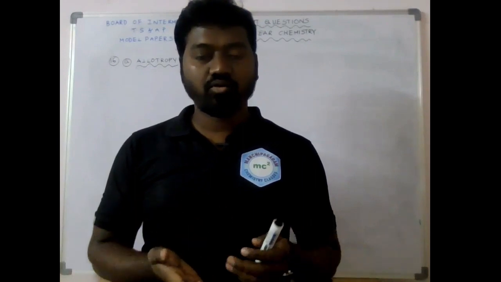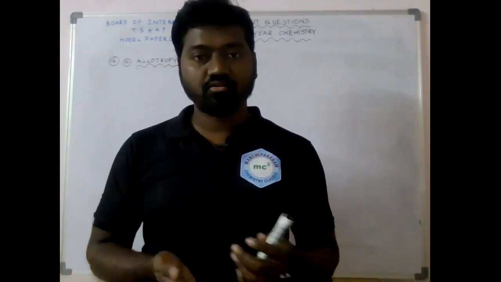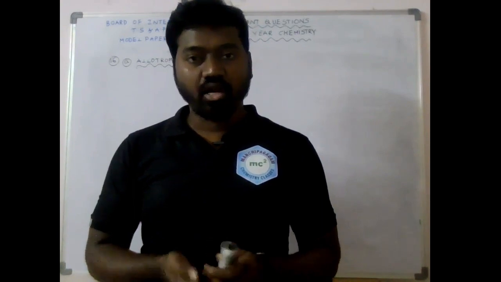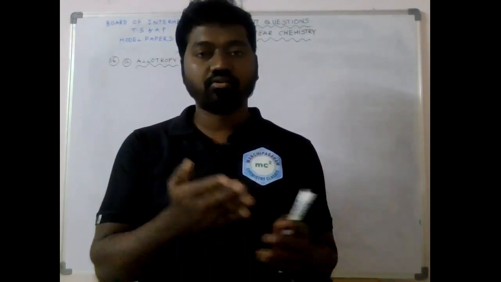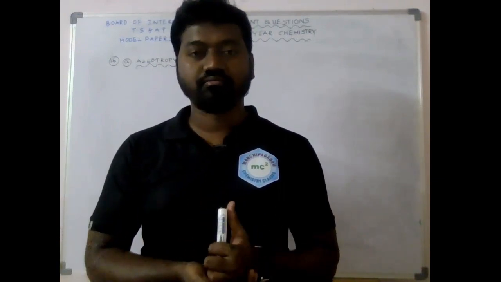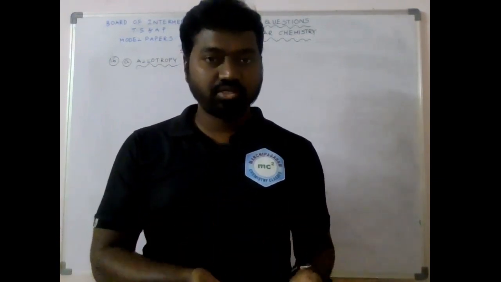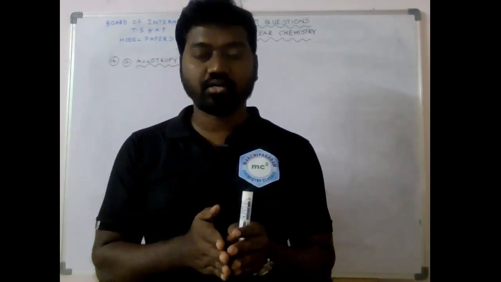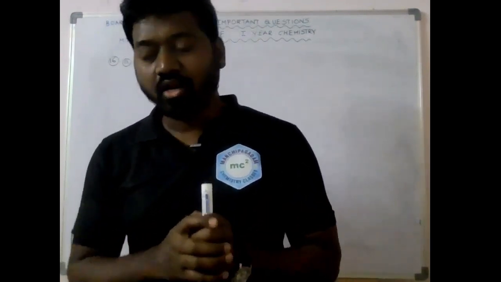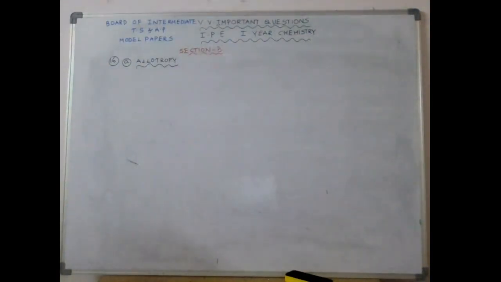One of them may like vegetarian food, another may like non-vegetarian food. One may like one hero and another may like another hero or heroine. One may like one subject, another may like another subject. Both of them look the same, but properties are different. So allotropy means the phenomenon of existing of the same element in different forms.